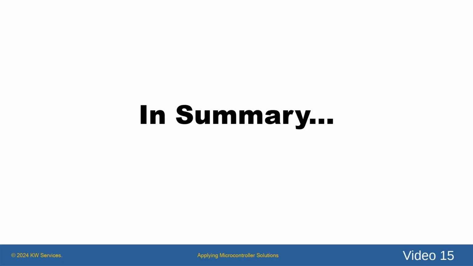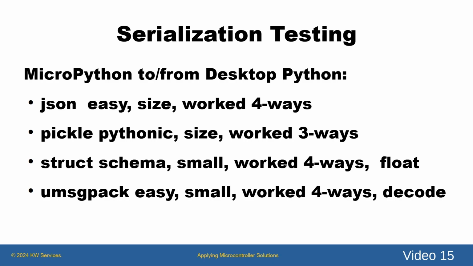In summary, what have we learned? We learned that our platform is Little Endian, but some systems transfer Big Endian. We reviewed the 4 common serialization approaches for our transfers between STM32 and desktop Python, and we found that JSON is easy to use, though the message size is big, but it worked all 4 ways.